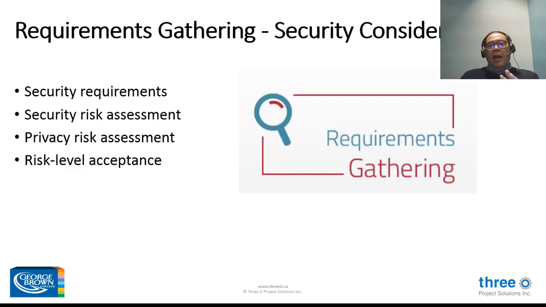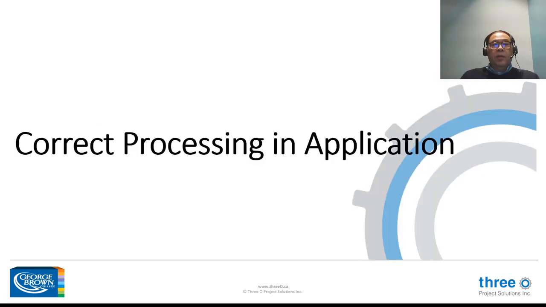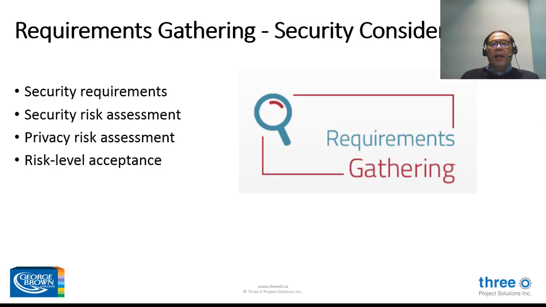Okay, so let's take a look at the different steps. Actually, requirement gathering, the security considerations in requirement gathering. We just want to talk a little bit about that. I mentioned right from the beginning that information security in a software application or information system should not wait until the end or after the fact.